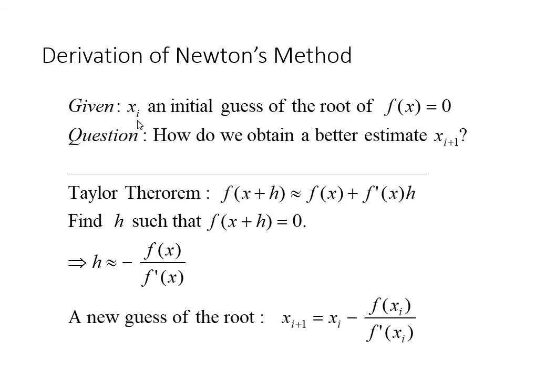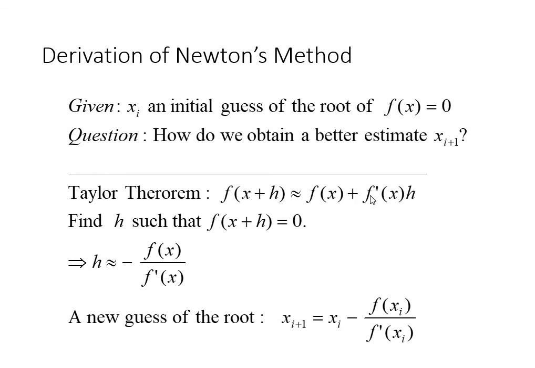So how was it derived? We are given xi as your initial guess of the root of f of x, and then the question is, how do you obtain a better estimate xi plus 1? Using Taylor series, you know that f of x plus h is approximately f of x plus f prime of x times h.